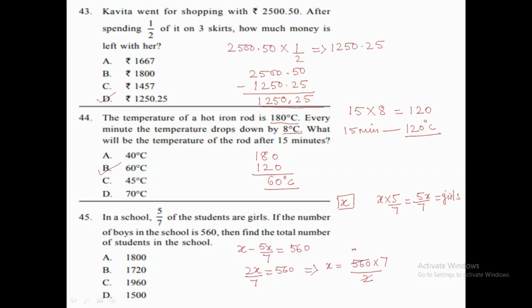Let's solve it. 280 we are getting from here, and when we multiply 280 with 7, we get 1960. That will be option number C. So we have 1960 students in the school. Understood?